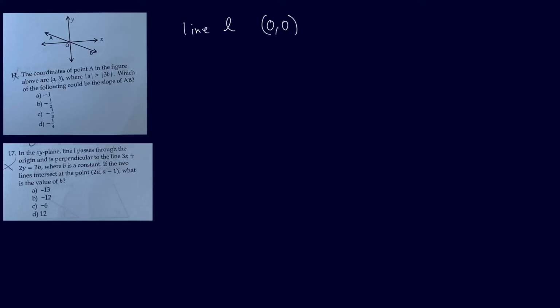This is the equation for the second line, so I'm going to write it in a separate column, line 2. Slope in the formula is 3x plus 2y equals 2b. I'm going to get the y by itself on the left side and everything else on the right side. In order to do that, I'm going to subtract 3x from both sides.